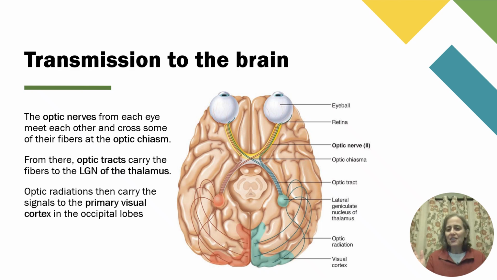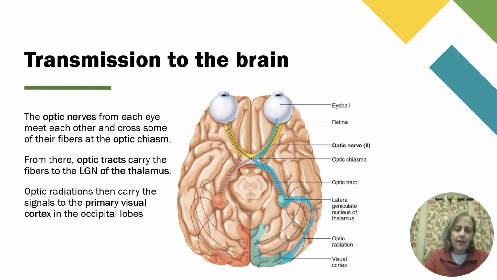So all of that stuff that you learned about the retina, and then the signals traveled from the retina through the optic nerve, and then they either stayed on the same side at the optic chiasm, went through the optic tracts to the lateral geniculate nucleus, and then through the optic radiations and back to the visual cortex.